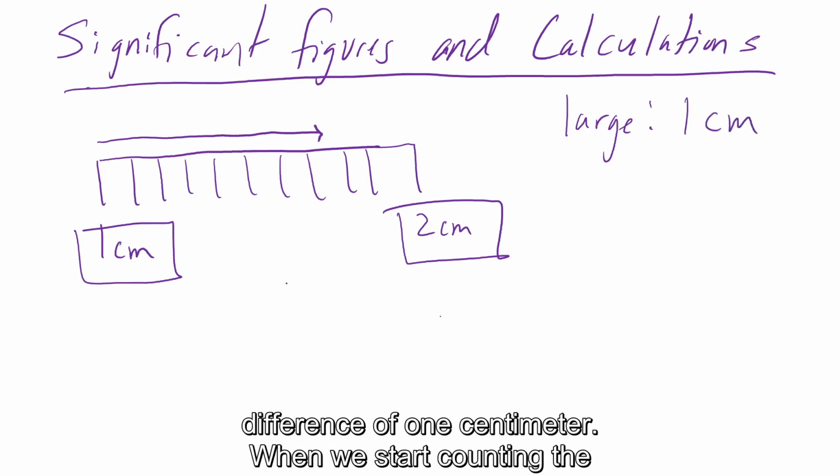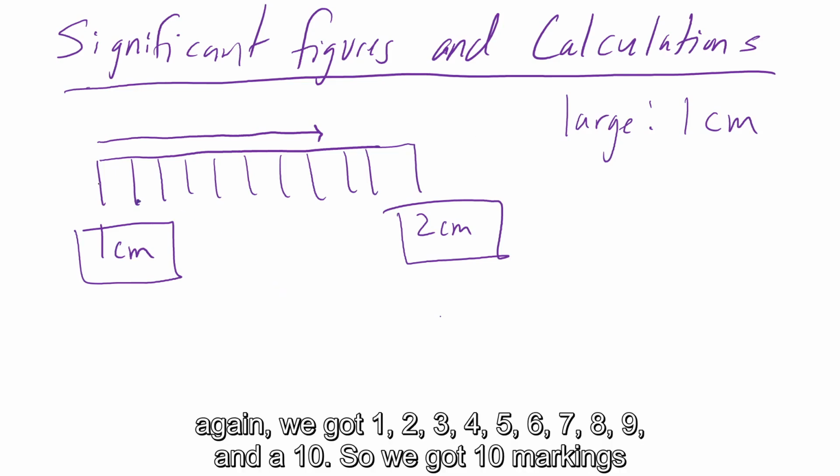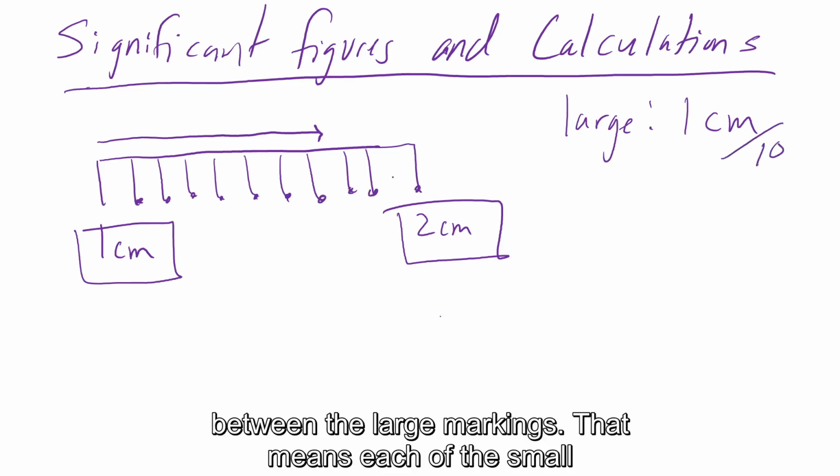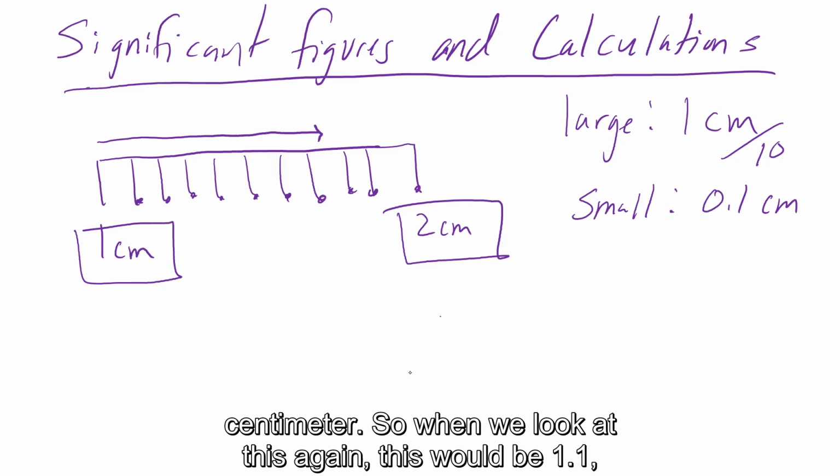When we start counting the little markings, which are those between the larger markings, we get 1, 2, 3, 4, 5, 6, 7, 8, 9, and a 10. So we have 10 markings between the large markings. That means each of the small markings in this case represents 0.1 of a centimeter.